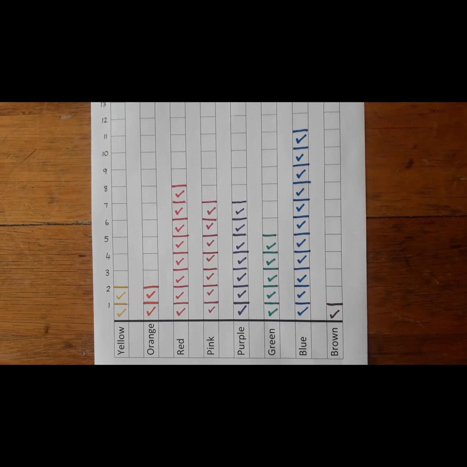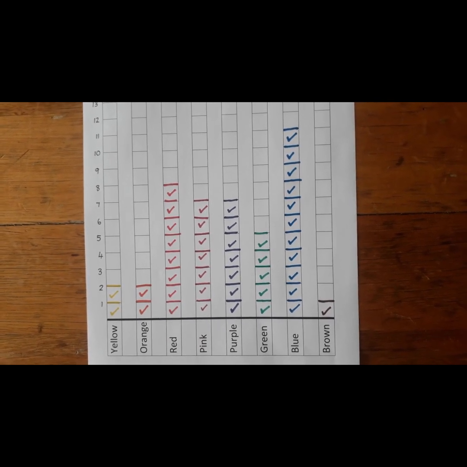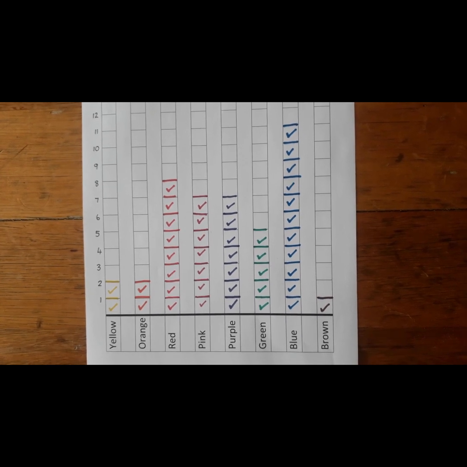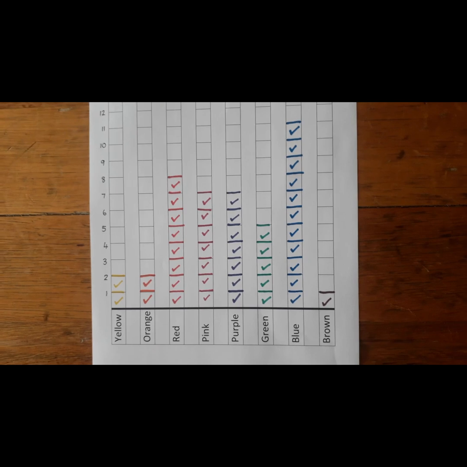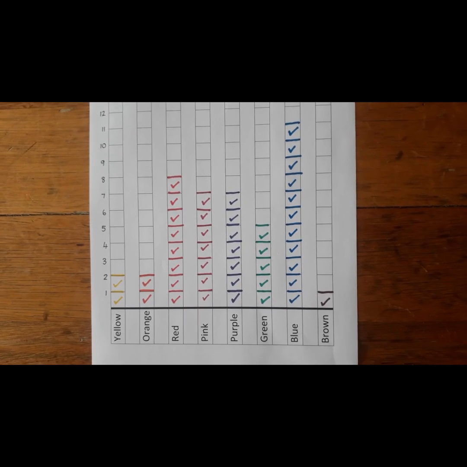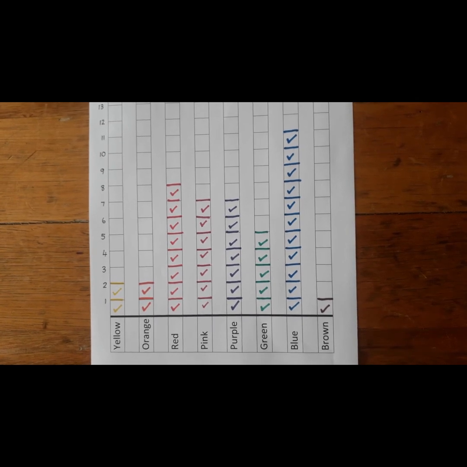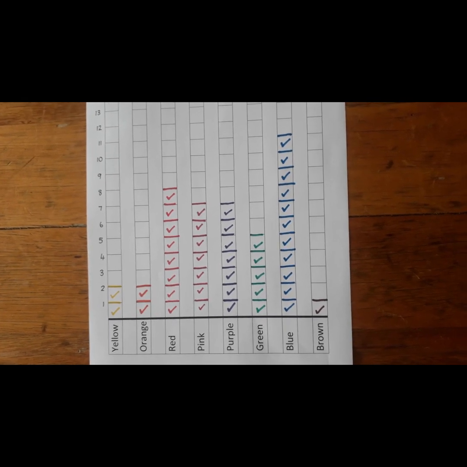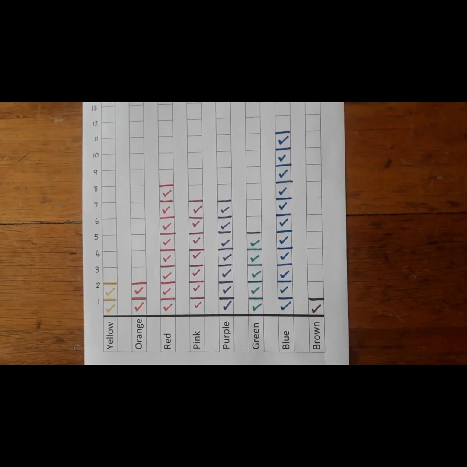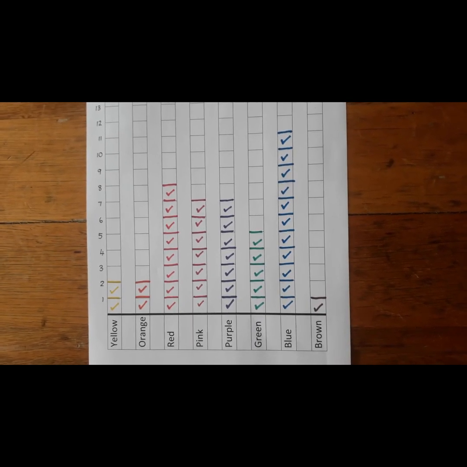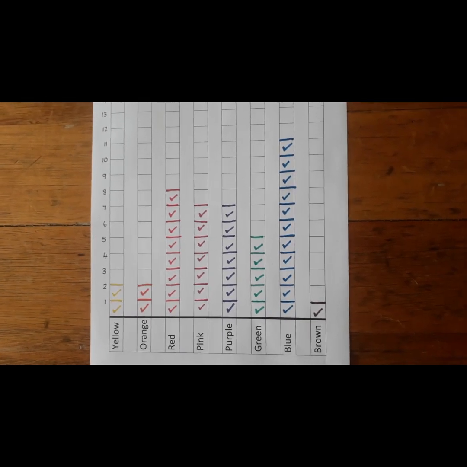If I have a look at my bar graph, my highest bar goes to 11, and that is the blue color, the blue Smarties. So how many more do you have than my graph, your highest one? So if your highest is 10 and my highest is 11, I have 1 more than your highest number.